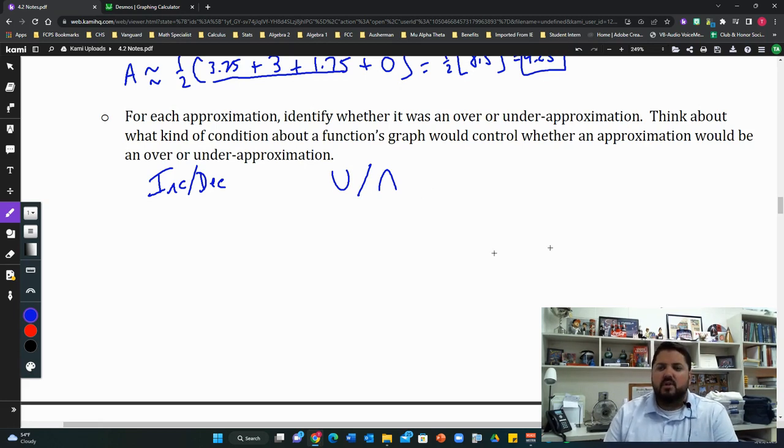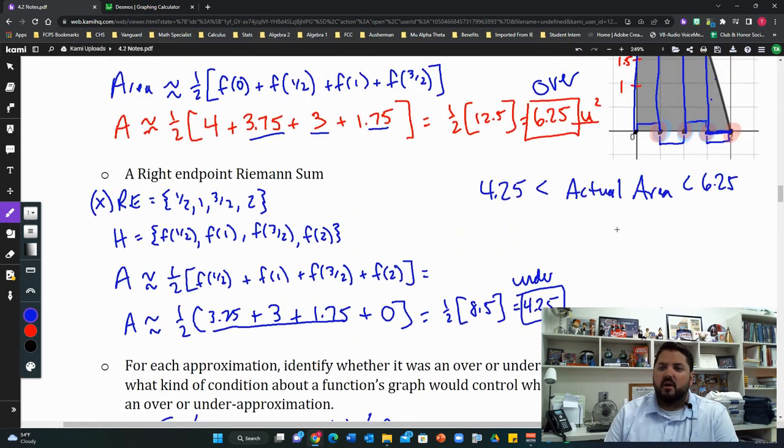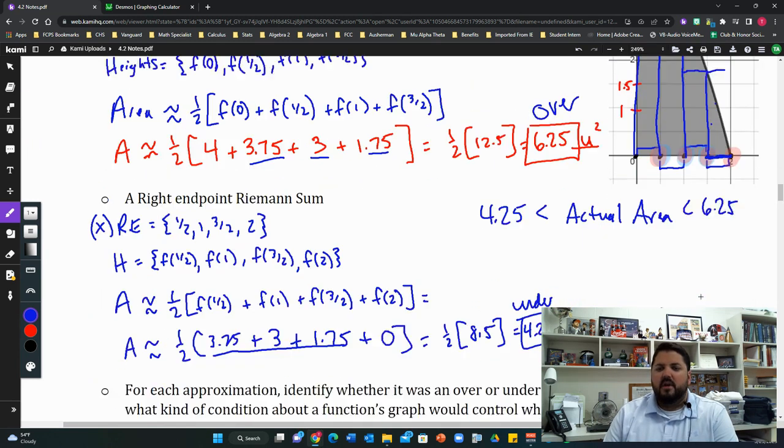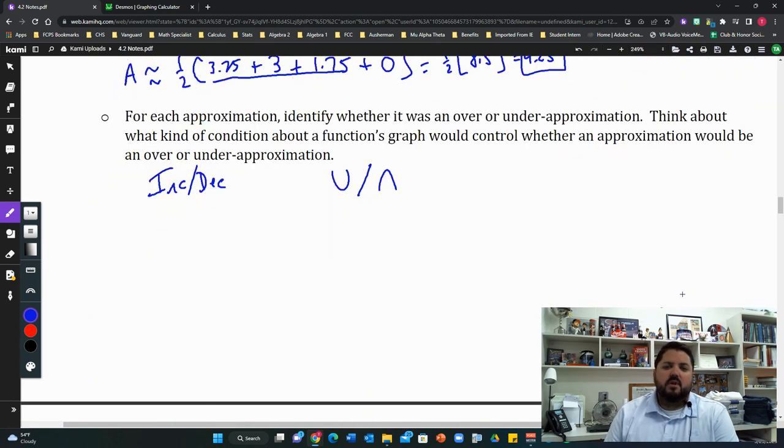The graph that we just looked at on the entire interval could be described as a decreasing function that is concave down. So one of those two things is the reason why the left endpoint was the over and the right endpoint was the under. We have to think about which one it is.